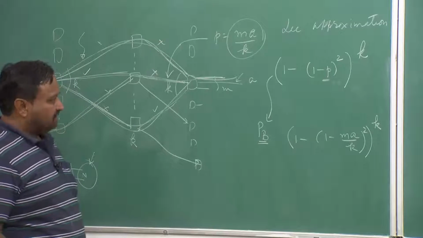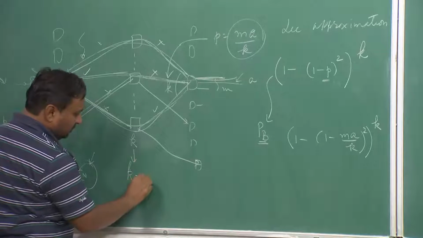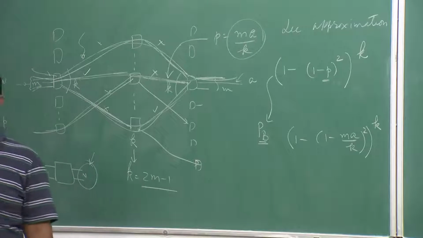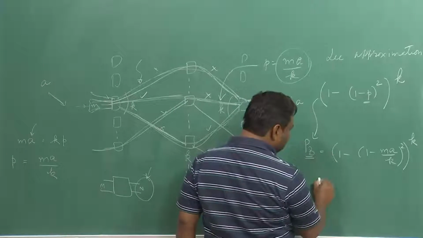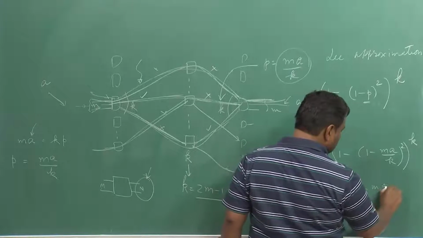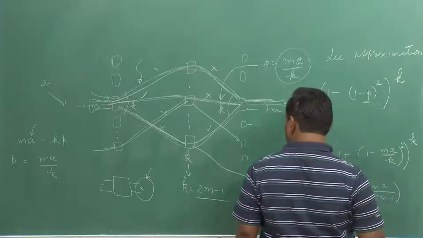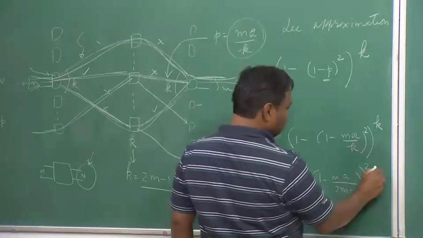Now the problem is, if I put k equal to 2m minus 1, this should become 0, but that does not happen. You can compute this for that value or any value higher than this.